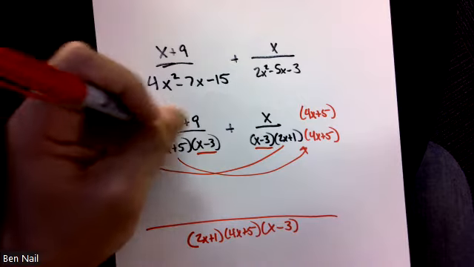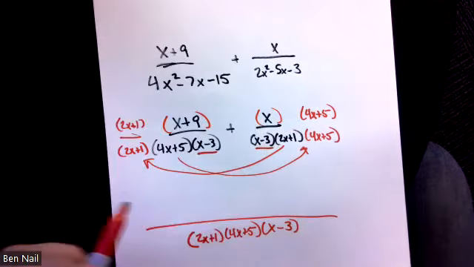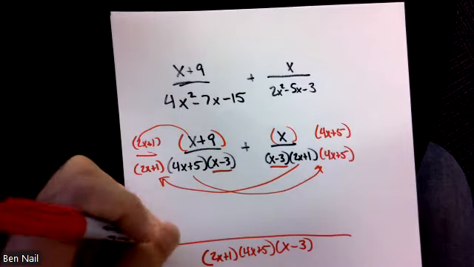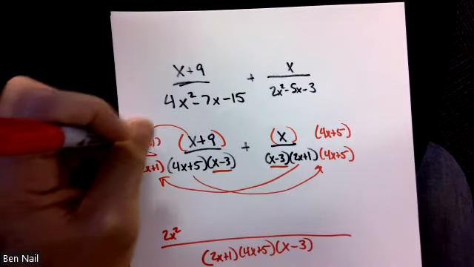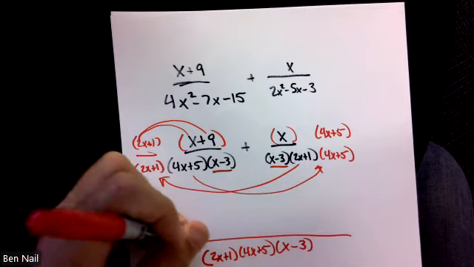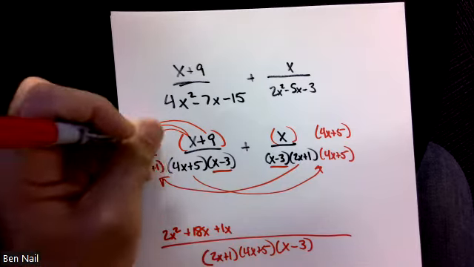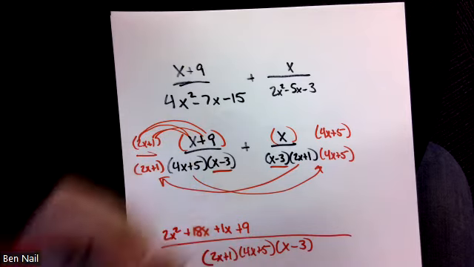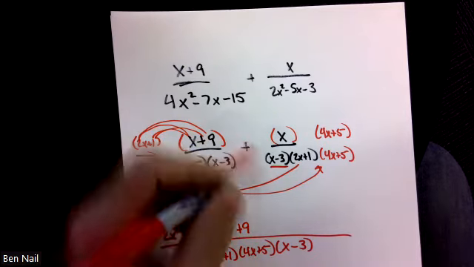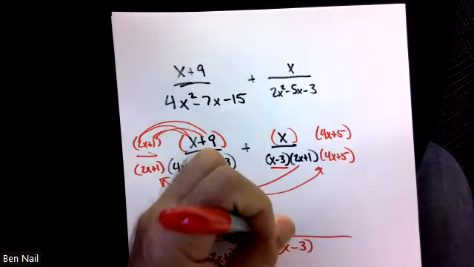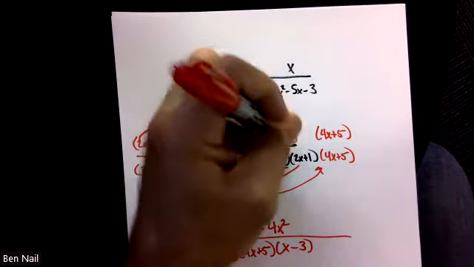Now, multiplying these numerators, we do have to do that distribution. So I got to multiply these two things together. So 2x times x is 2x squared. 2x times 9 is 18x. 1 times x is 1x. 1 times 9 is 9. Again, plus x times 4x is 4x squared.